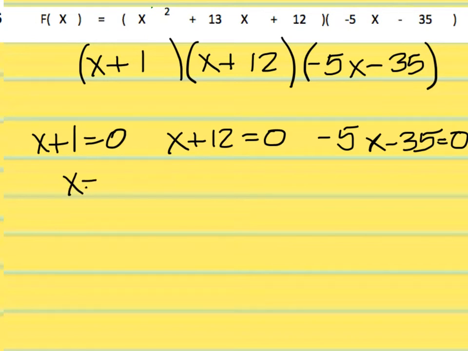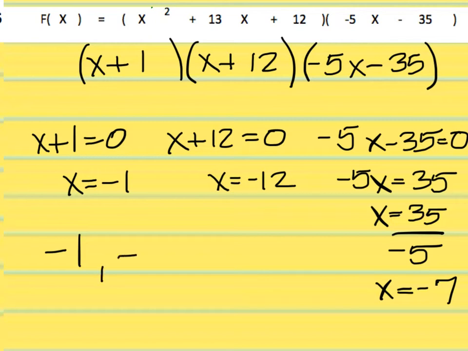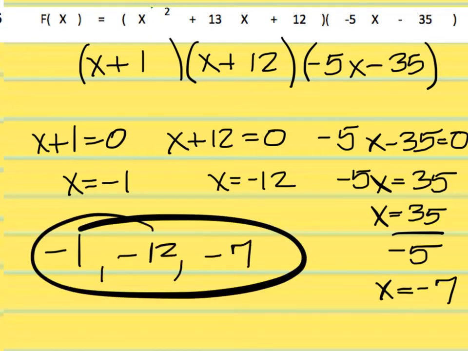So this is a negative 1, this is a negative 12, this is negative 5x equals 35, and divide 35 by negative 5 to come up with negative 7. So it should be negative 1, negative 12, negative 7.